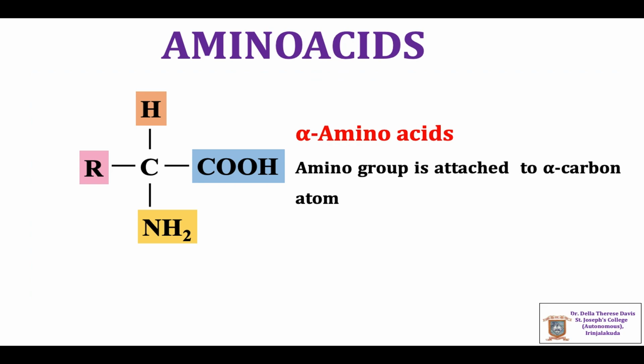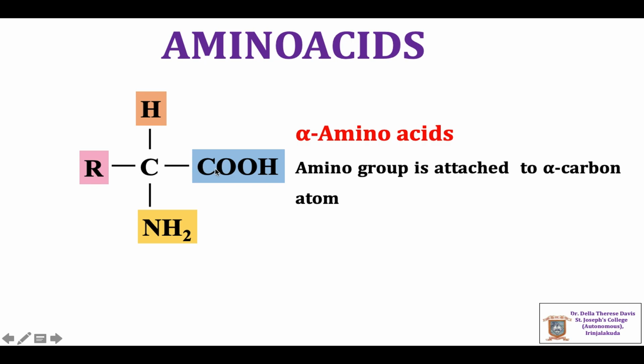The structure of an amino acid is represented here. Proteins are polymers of alpha amino acids. In alpha amino acids, the amine group is attached to the alpha carbon. That is, this is the alpha carbon.